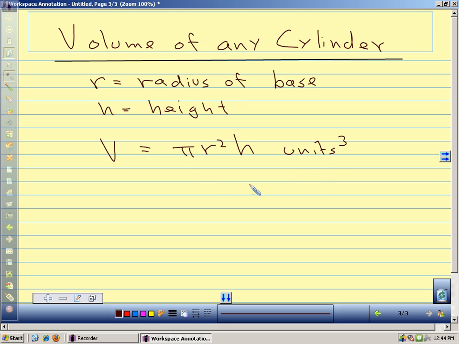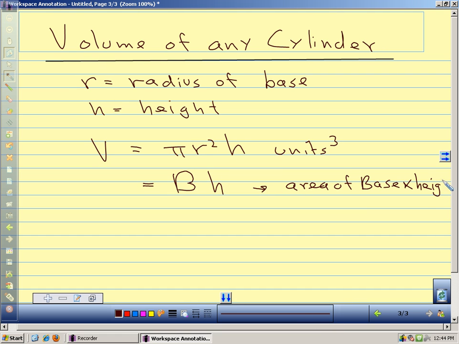And again, this formula is exactly like the formula for a prism. Pi r squared is the area of the base, and h is the height. So we could write this as capital B times h, or the area of base times height. So we have the same formulas for prisms and cylinders.